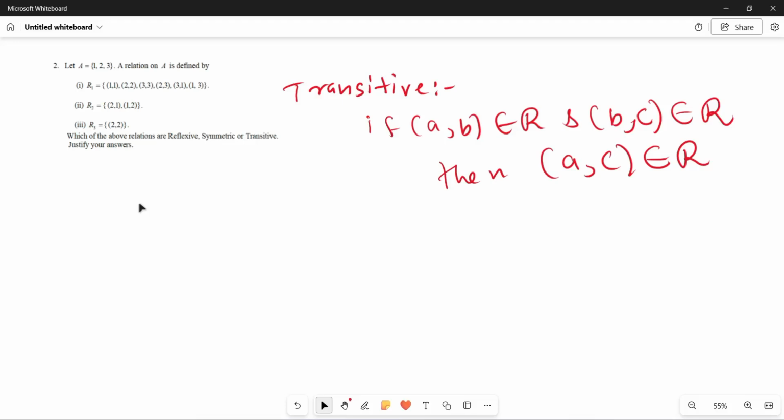A to B, B to C, then A to C also in the relation. So then we say that it is transitive.